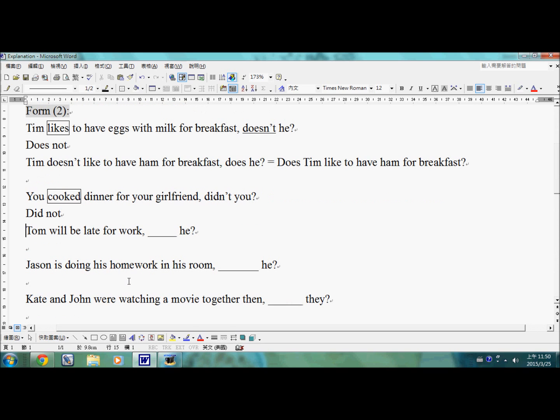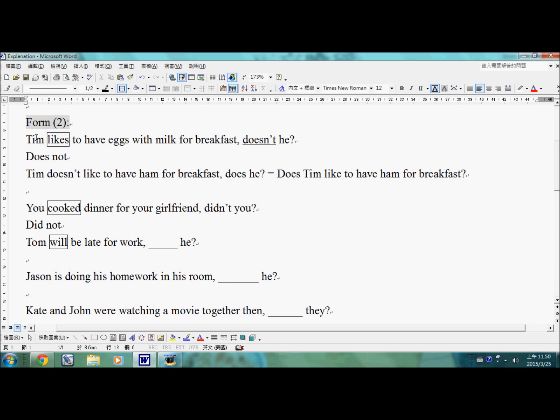Tim will be late for work. Now, as you can see, this is future tense. Remember, we have to use a helping verb. The thing about present simple and the simple past is that we cannot see the helping verb in positive statements. So we always have to keep in mind to find out which helping verb we need to use.